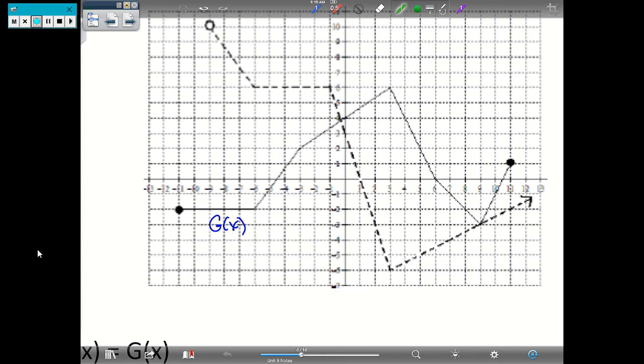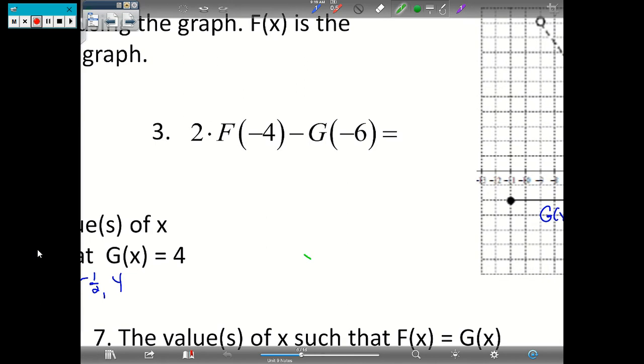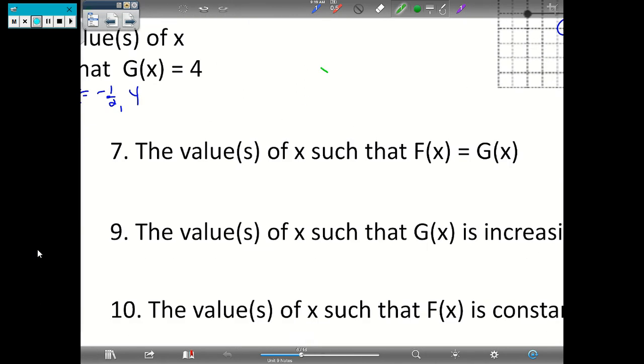How many places does it look like that they intersect? 2. There's 2 places, right? There's one here, which we actually already looked at that spot. That was negative 1/2. And there's one right here, which we can see is 9. So our answer for number 7 is going to be where x equals negative 1/2 and 9.